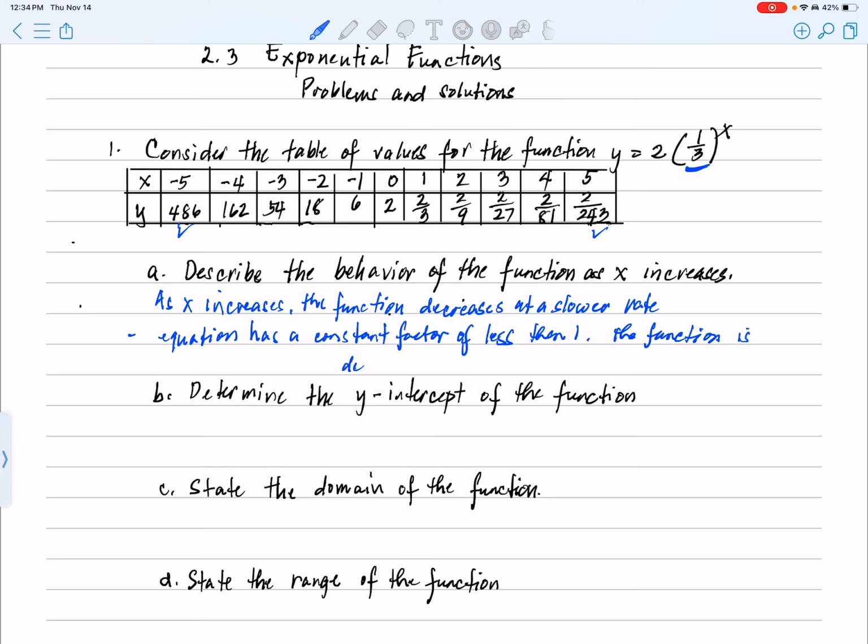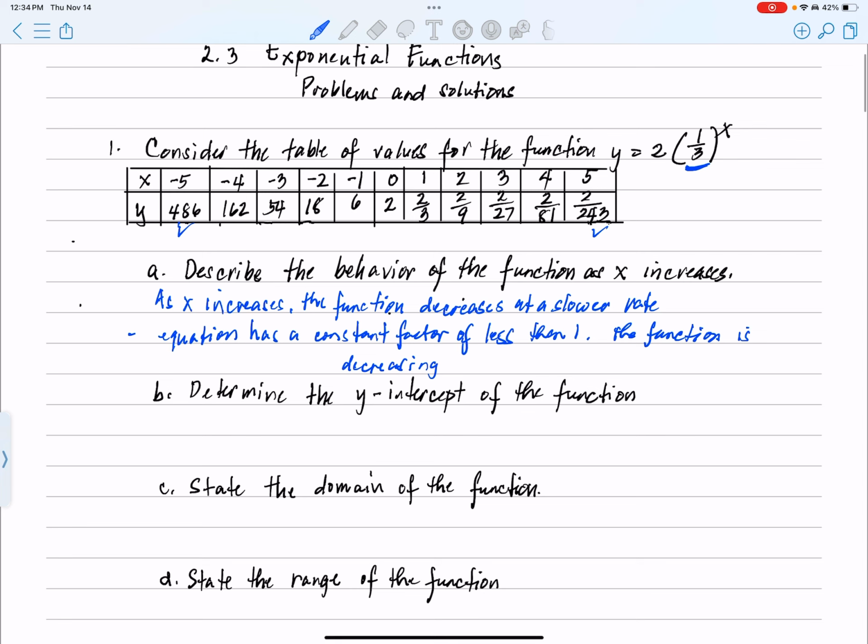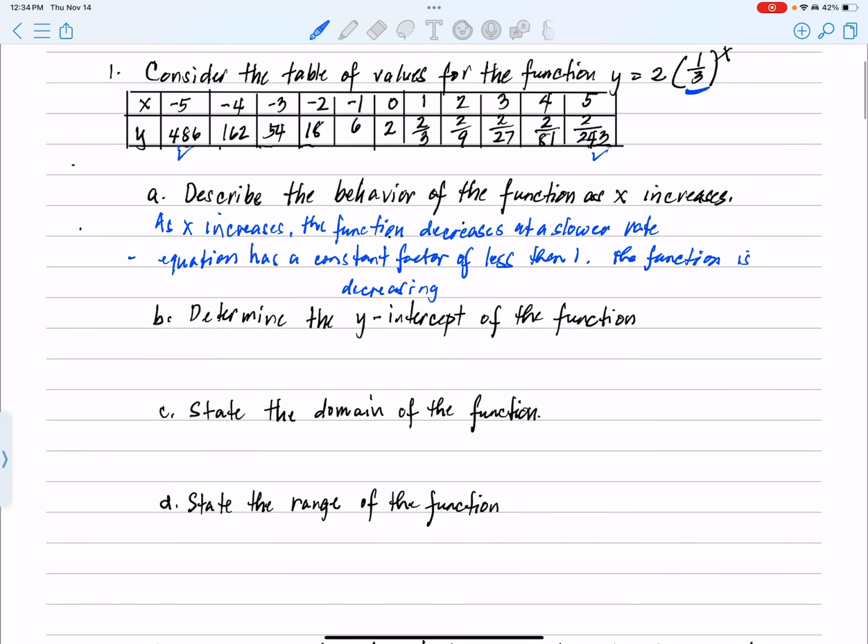Okay, by looking at the table, we know. Determine the y-intercept of the function. Remember, the y-intercept happens when x equals 0, right? So from the table, the y-intercept is happening when x is 0.